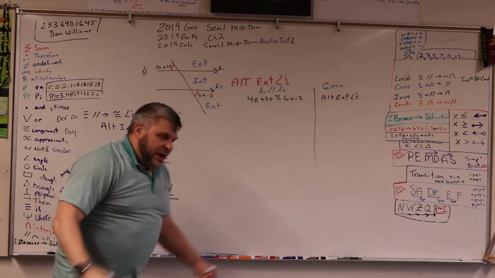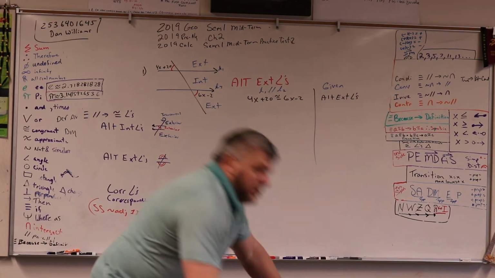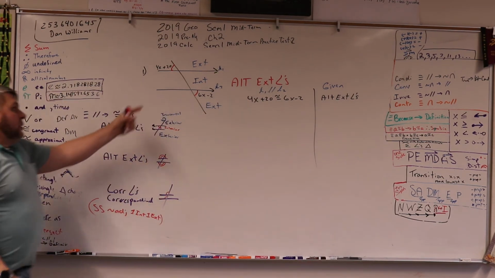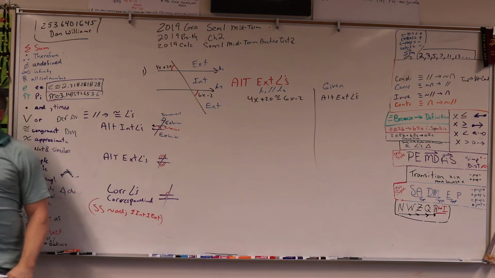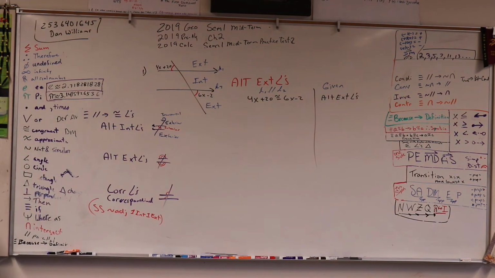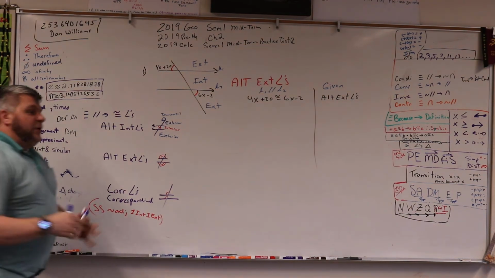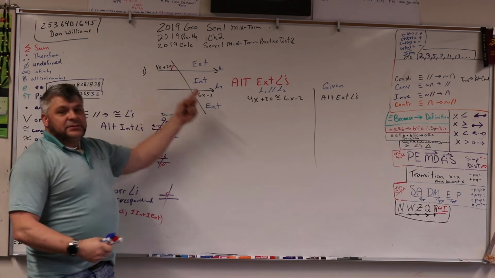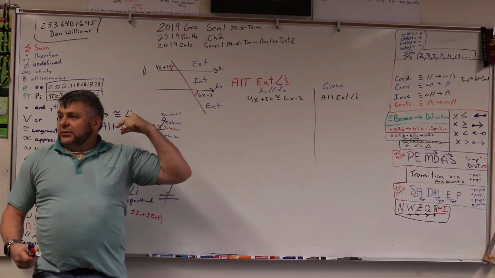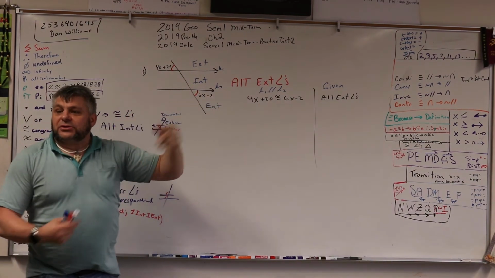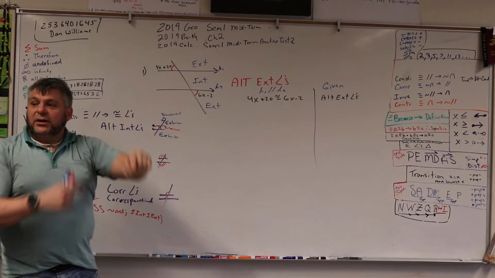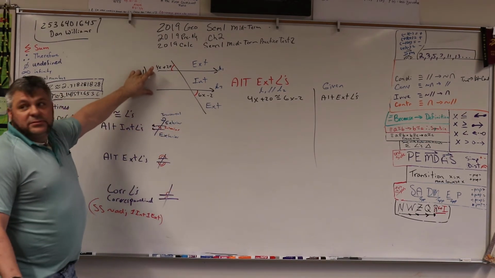Because they're parallel, we're allowed to use that these are congruent. Now the cool part is if you prove that these are congruent, then you can also do the converse and prove that these are parallel.